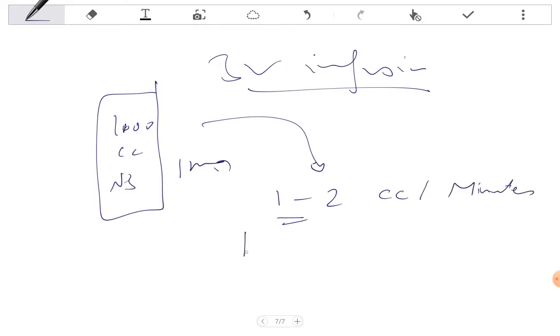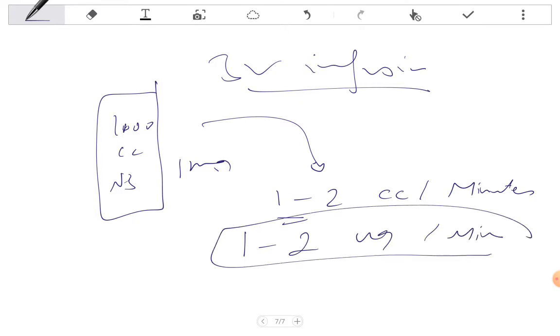This equals 1 to 2 microgram per minute as a starting dose, and you titrate according to the response. However, the recommendation is to start with intramuscular adrenaline in patients with anaphylaxis. Okay?